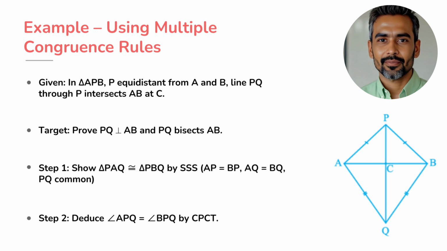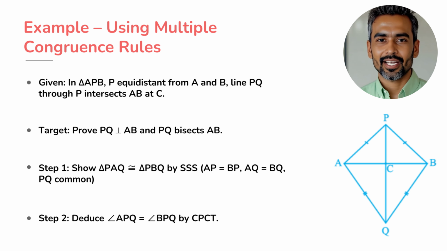Hello everyone. Let's explore how sometimes a single congruence rule isn't enough. We need to combine multiple rules to reach the conclusion. We start with triangle APB, where point P is equidistant from A and B. A line PQ is drawn through P, meeting AB at point C. Our goal is to prove that PQ is perpendicular to AB and that it also bisects AB.